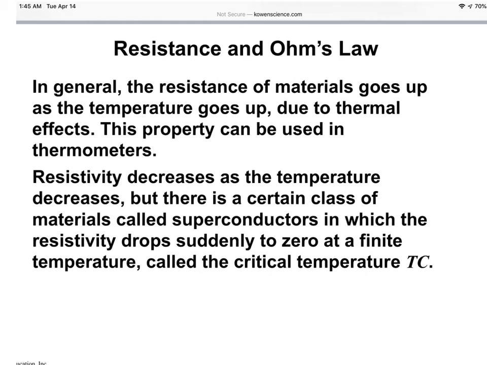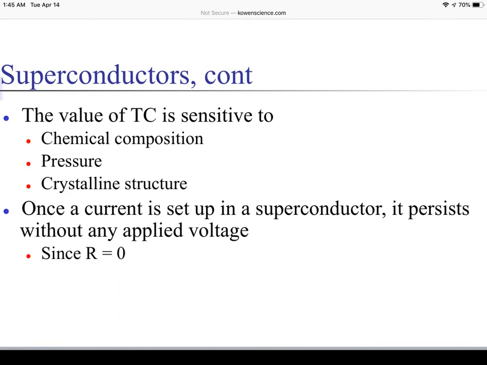But there's a certain class of materials called superconductors in which resistivity can drop suddenly to 0 at a finite temperature. This temperature is called the critical temperature, and it is symbolized big T_C. The value of T_C is sensitive to chemical composition, pressure, and crystalline structure. Once a current is set up in a superconductor, it persists without any applied voltage because the resistance is 0.